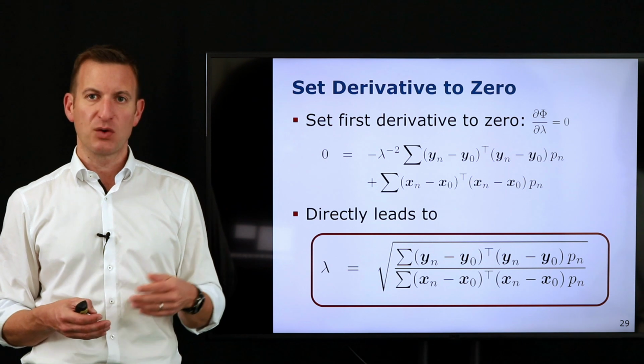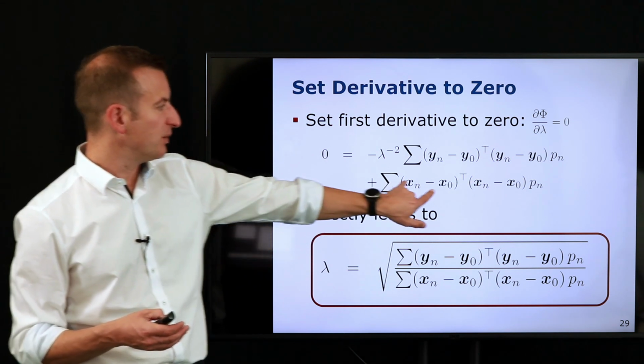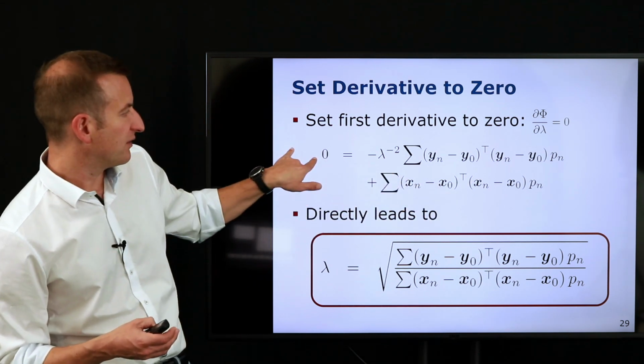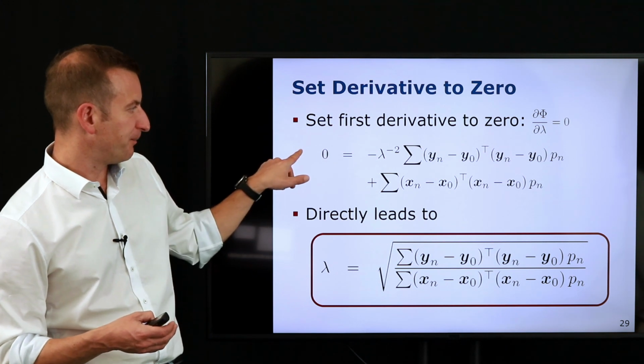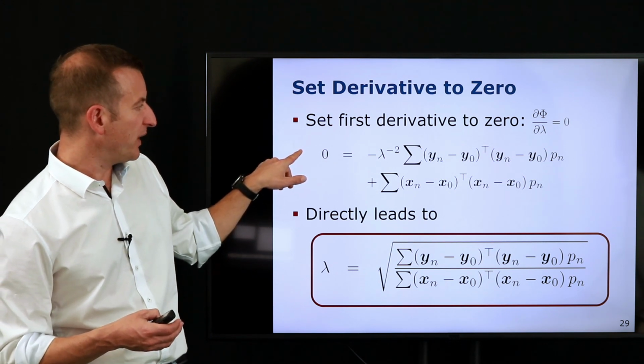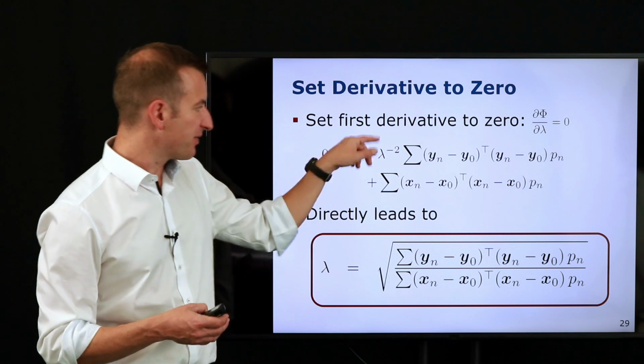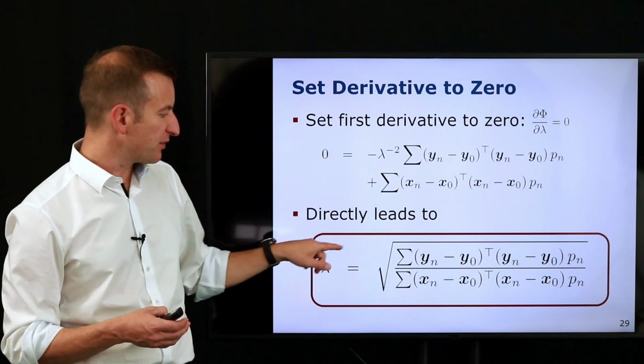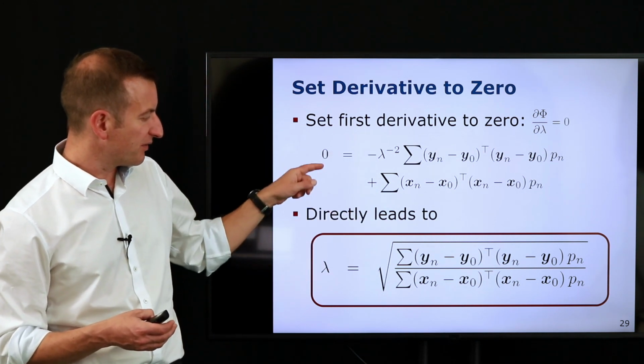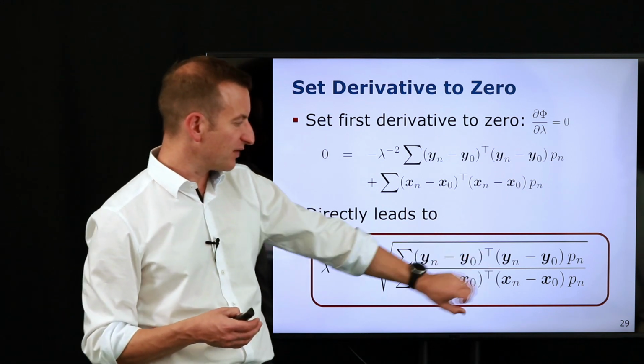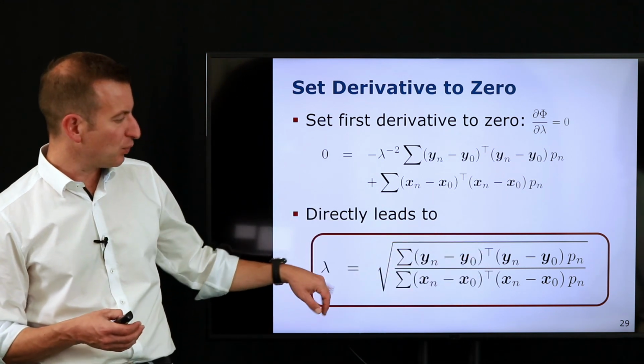So I take the first derivative with respect to lambda and set it to 0. This is my resulting equation, and we can see very easily that we can move this to the other side, multiply it by lambda squared, divide through this expression that we move to the other side, and then take the square root, so that this is the resulting equation for lambda. So what does it mean?